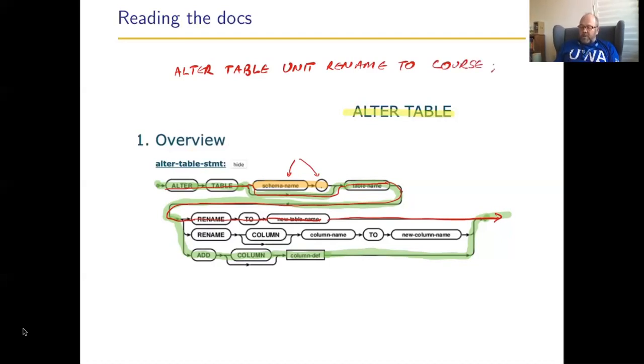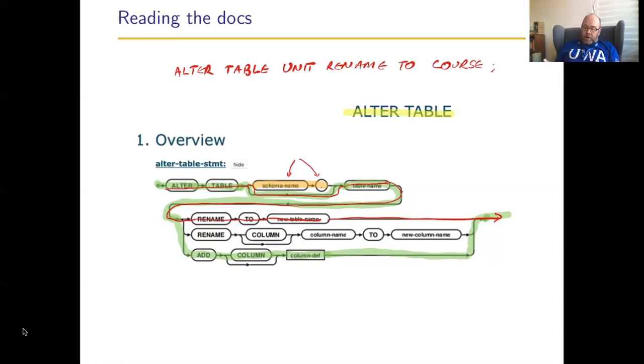So in other words, it shows me in a diagrammatic fashion all of the legal ways, all of the grammatical ways of constructing a statement that starts with alter table. I suggest that you familiarize yourself with these little diagrams, because that's really the only way you have of figuring out why you have a syntax error, if you do have a syntax error.